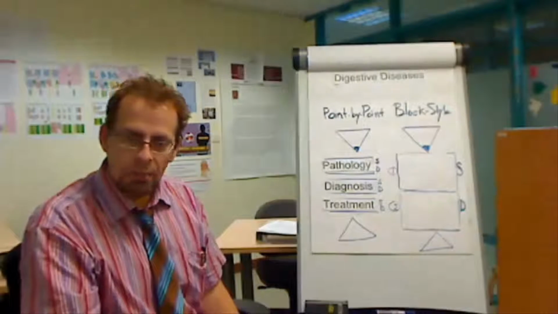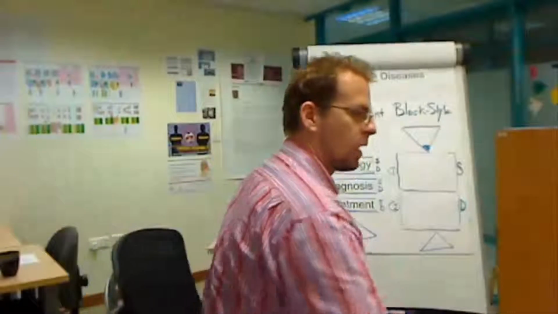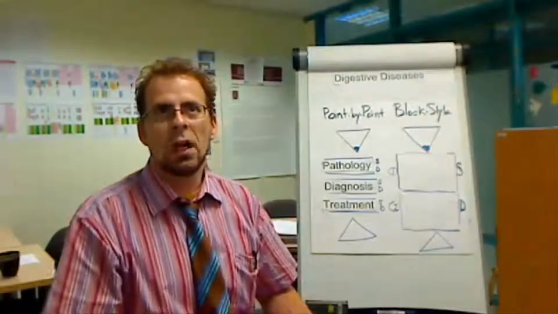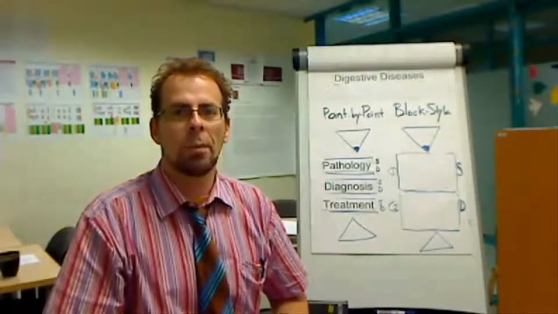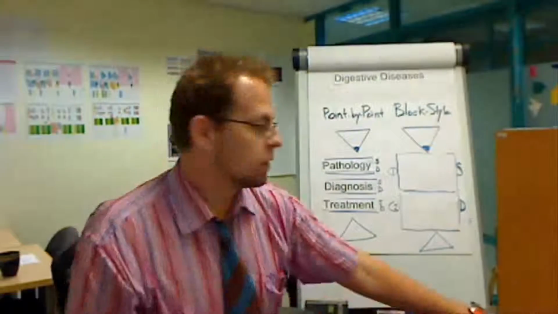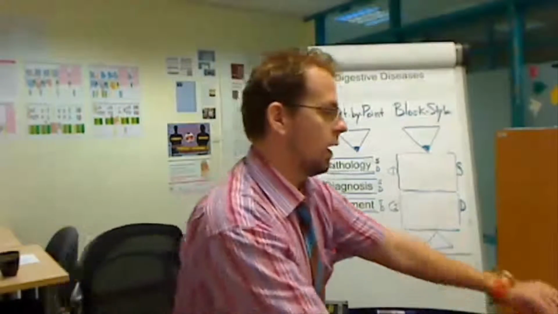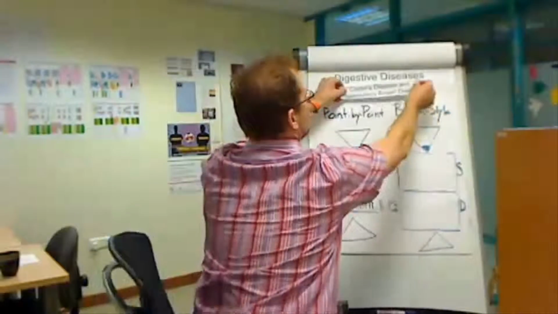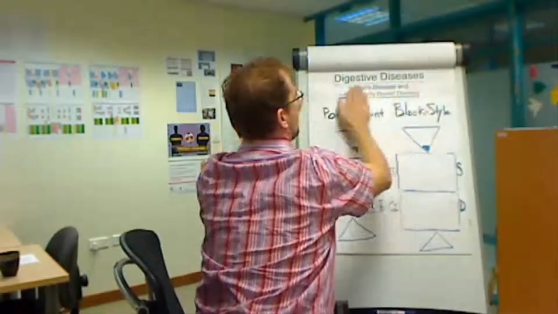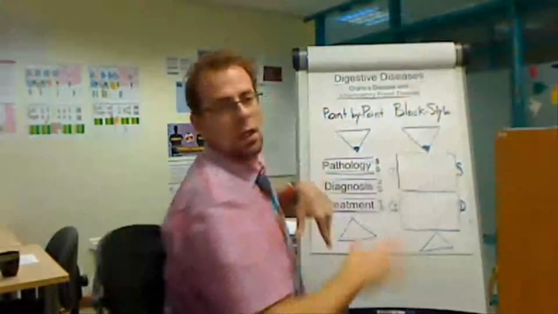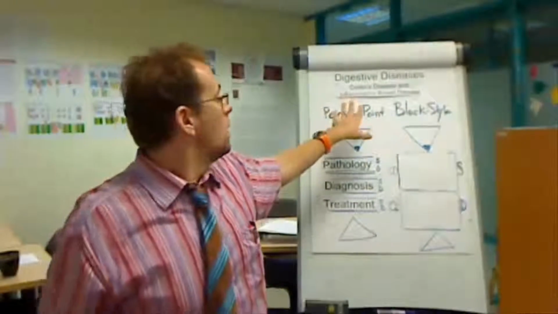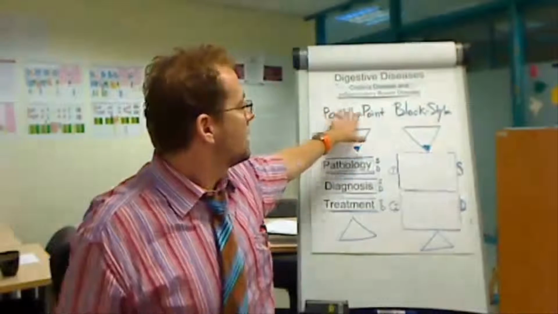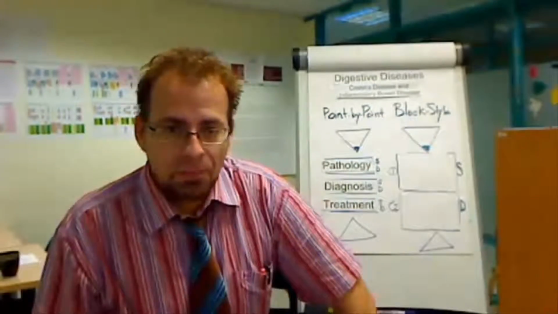Block style. What is block style? We often use block style for compare and contrast essays. So imagine we want to compare and contrast two digestive diseases. Up there it says Crohn's disease and inflammatory bowel disease.